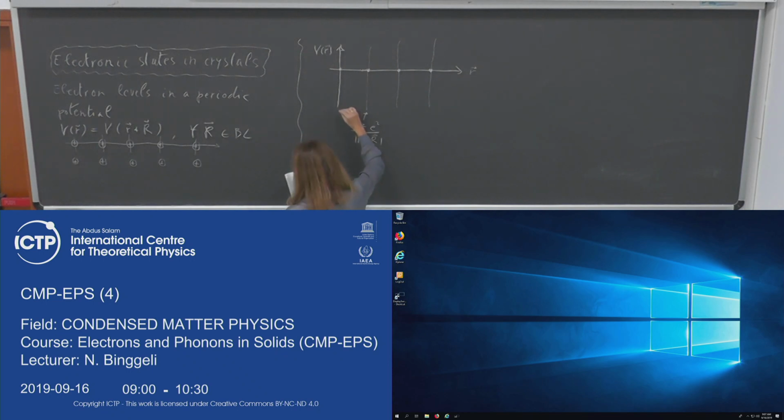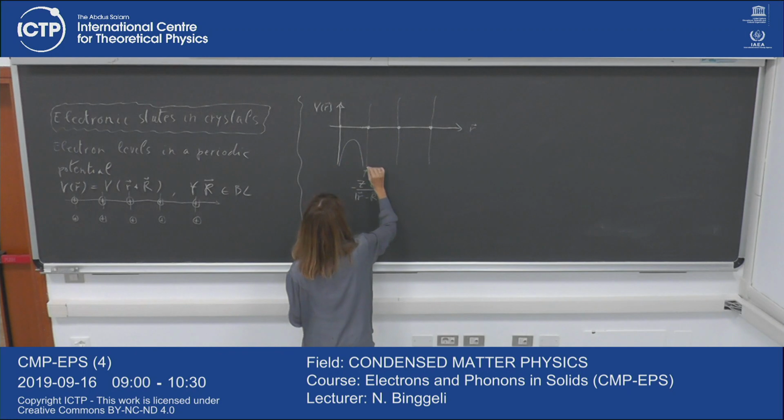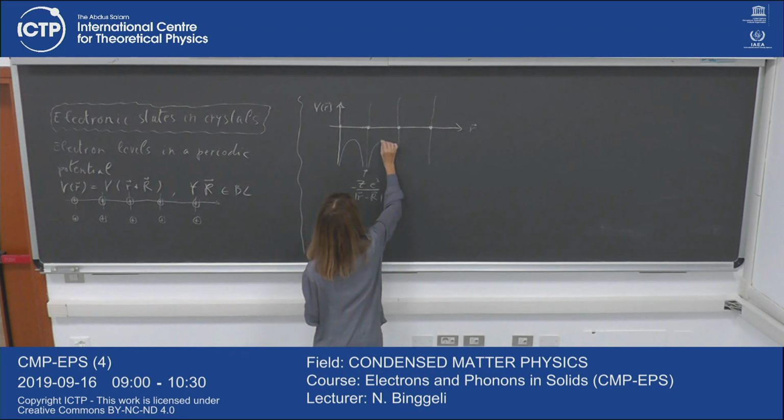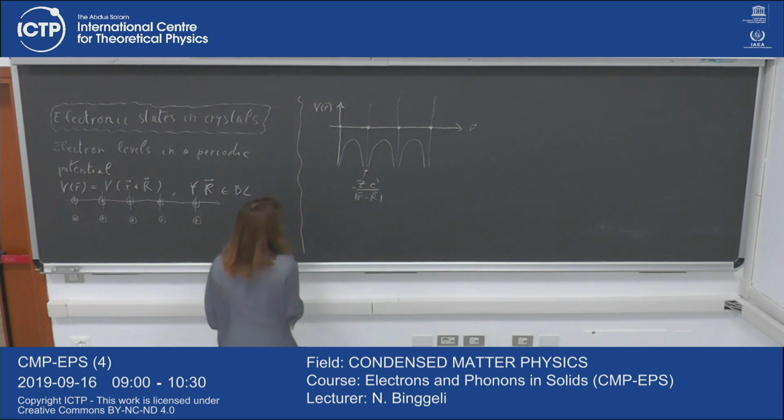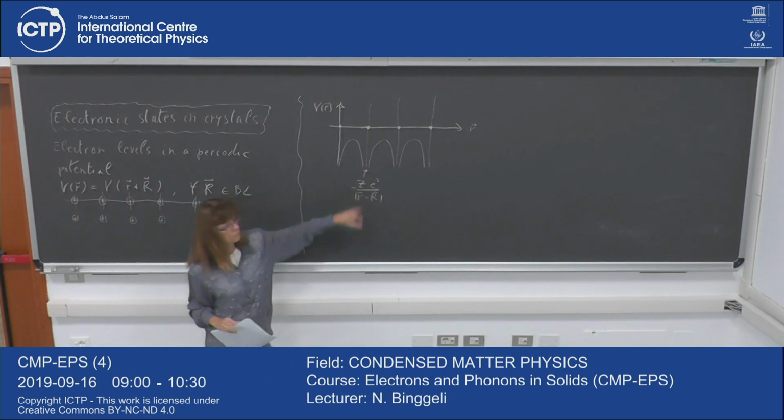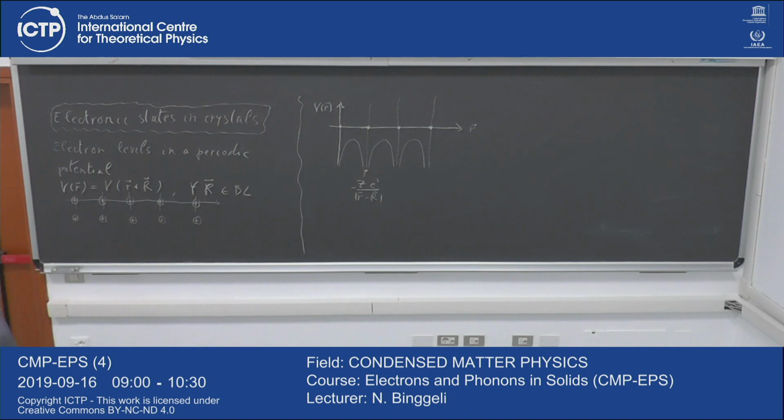and so the potentials will diverge at the position of the nucleus, and if I superpose, I can obtain something of the type with a divergence at each of the positions of the nuclei.